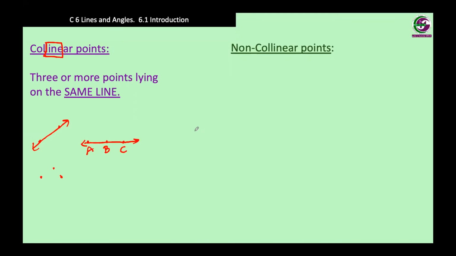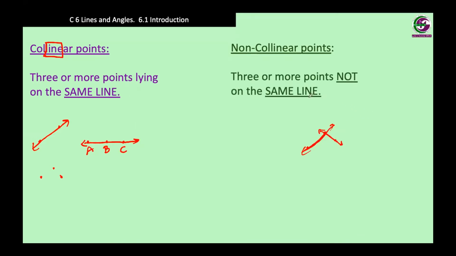Which means 3 or more points which are not on the same line. You can see that passing through these 3 points, we can't draw a single line. You can say this is passing through 2 different lines. So non-collinear points means 3 or more points not on the same line.